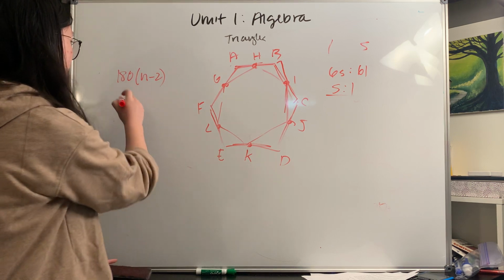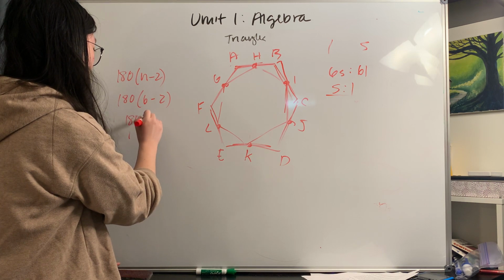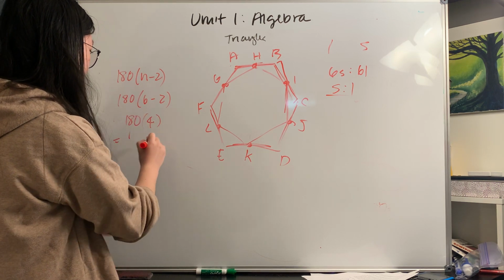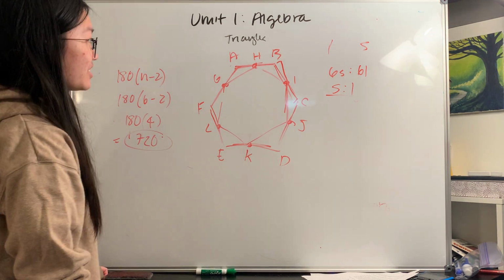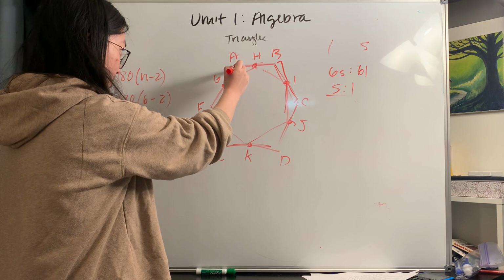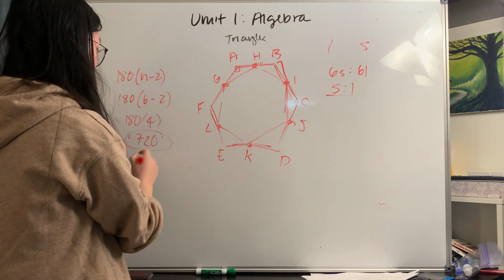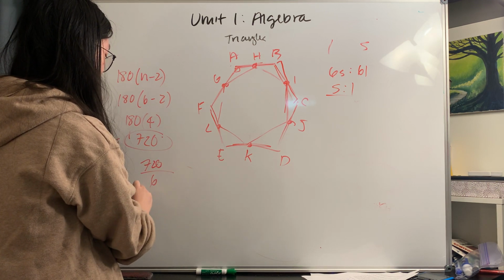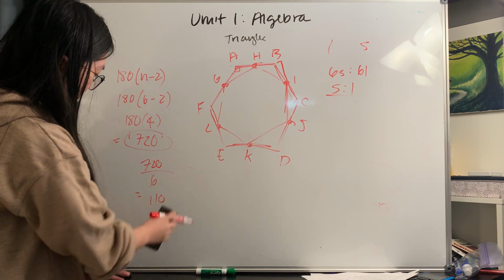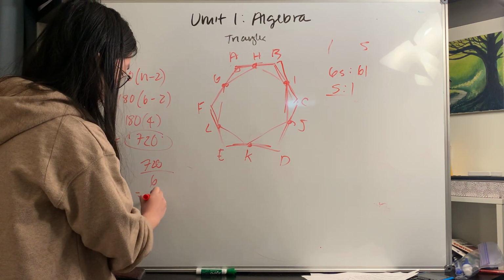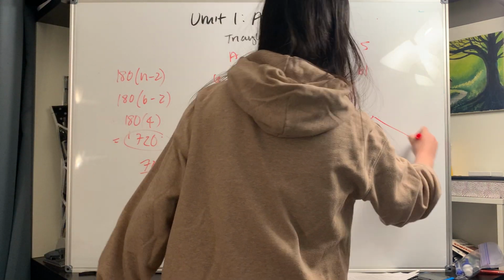Our equation would be 180 times 6 minus 2, that's 180 times 4, which is 720 degrees. Then we can divide this by 6 because it's a regular hexagon: there are 6 angles, all equal to each other, so 720 divided by 6 is 120 degrees.